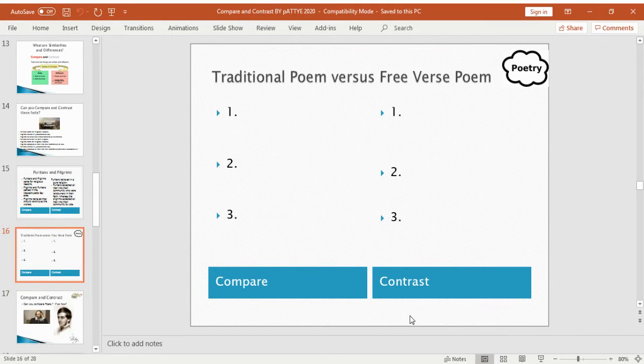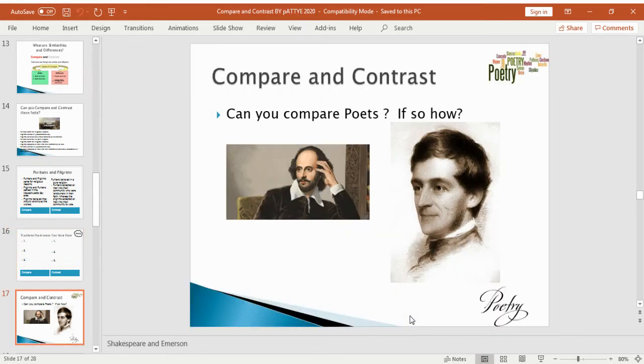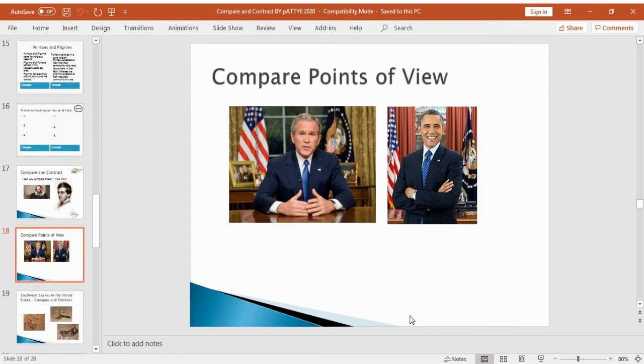I can also compare and contrast poetry. I may look at the types of poems and find out how they are alike or how they are different. I can look at poets. I can compare how their poems are alike, how their lives are different and alike. So I can compare and contrast people as well.